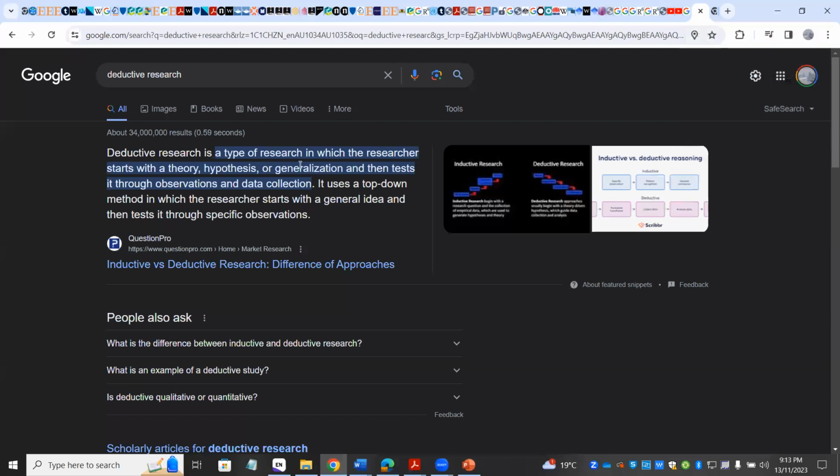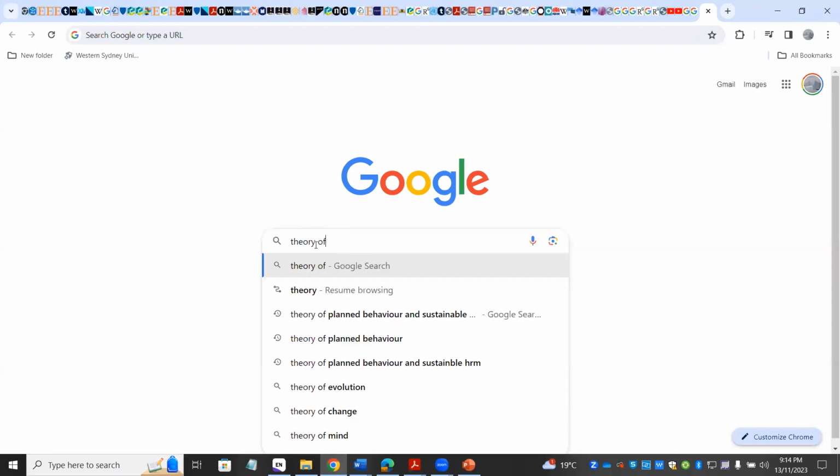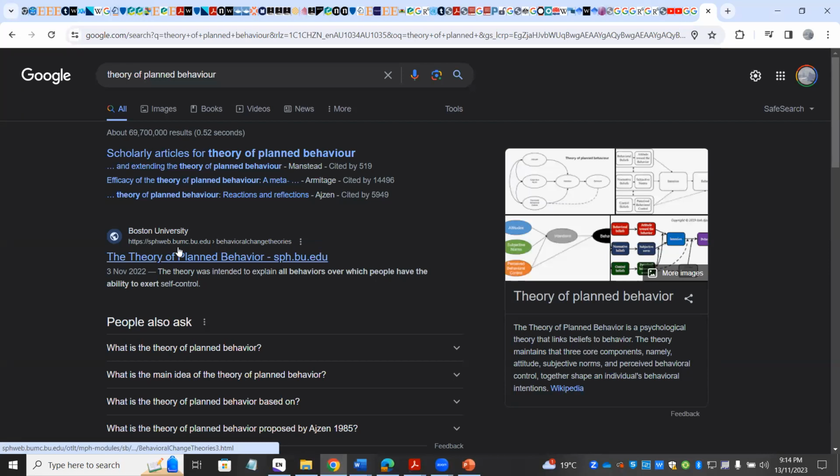So you can develop your hypothesis through theory or through literature. By theory, I mean you look for well-known theories concerning your area of study. Let me give you some of them. The theory of planned behavior. You can undertake a research, and the research will be based on the theory of planned behavior.